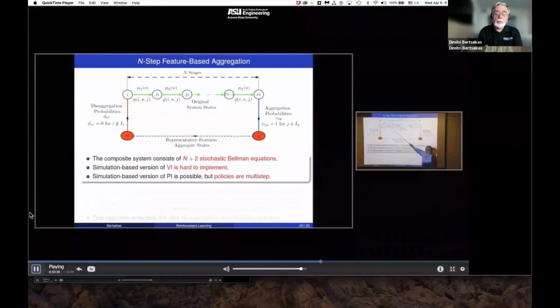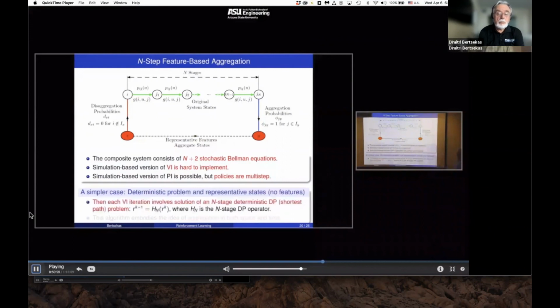There's no minimization, so you can do Monte Carlo across these transitions. However, the policies that we implement are multi-step, okay? They're not just a single-step policy, but n-stage policies. So that complicates things for a general stochastic problem.